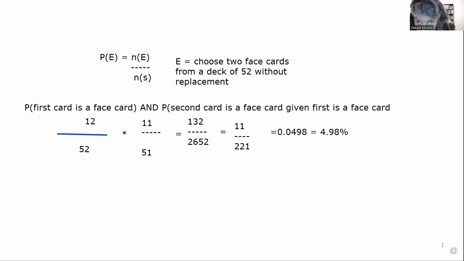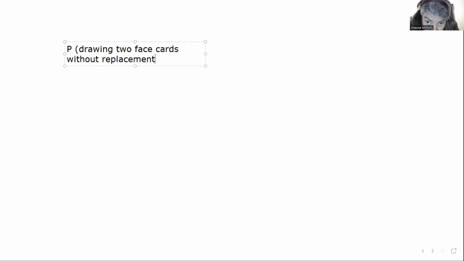Again, we're looking at the probability of drawing 2 face cards without replacement from a standard deck of 52, okay? That's what we're looking at, essentially, right?